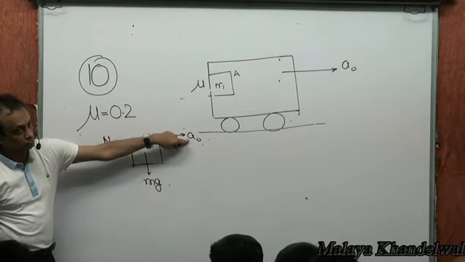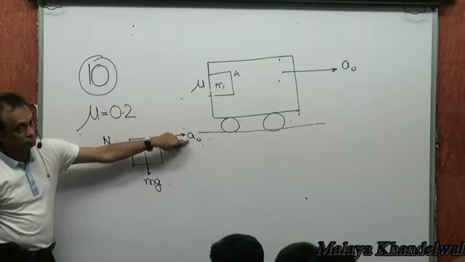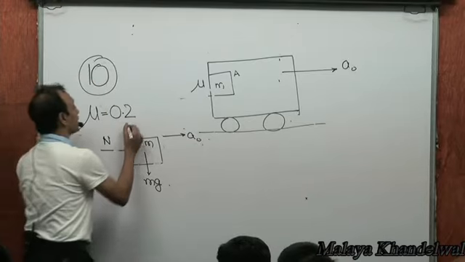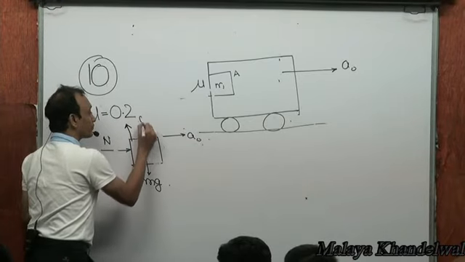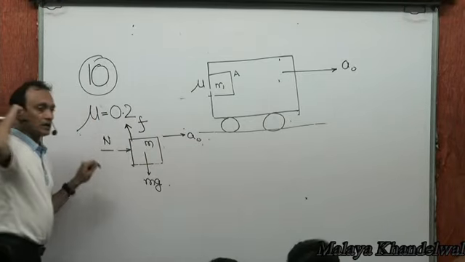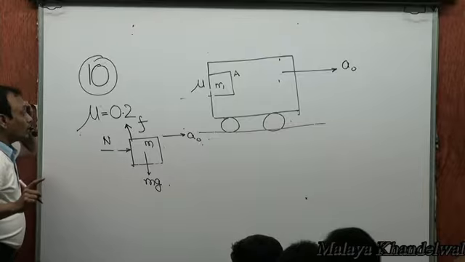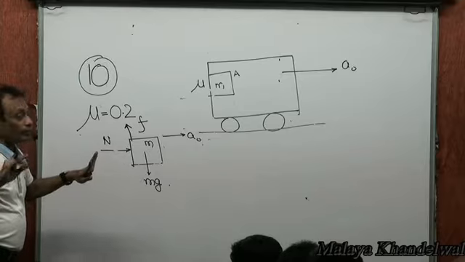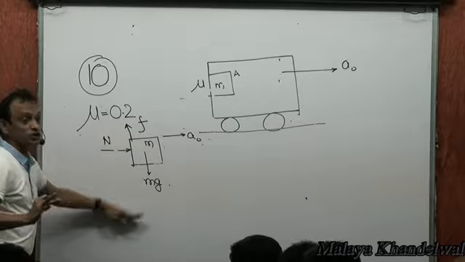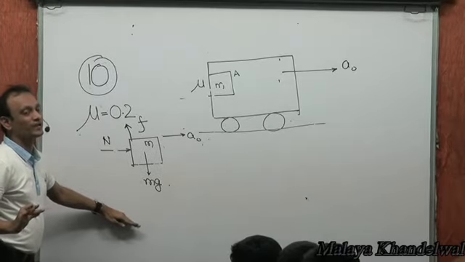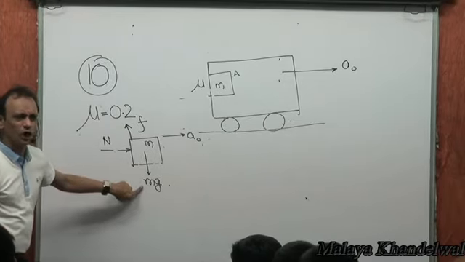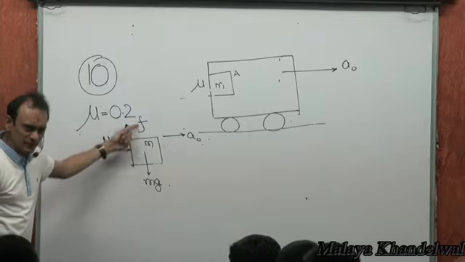This has a propensity to slip down. Frictional force will act upwards. Now, one thing for sure, in order that it does not fall, what is required? F must be equal to mg.